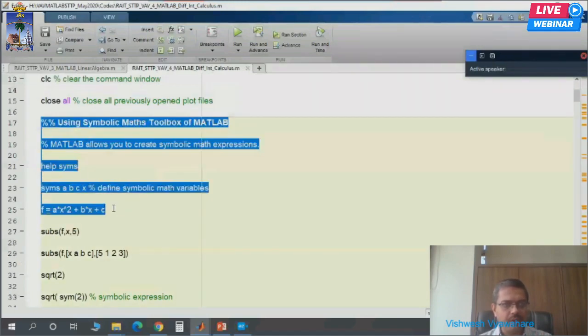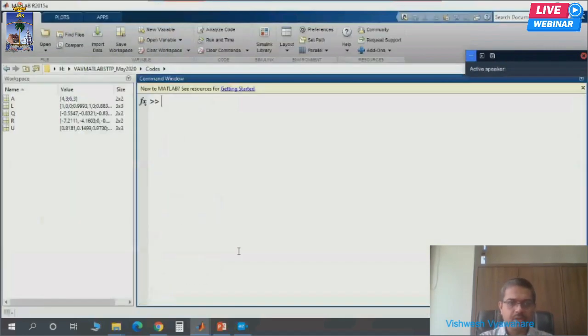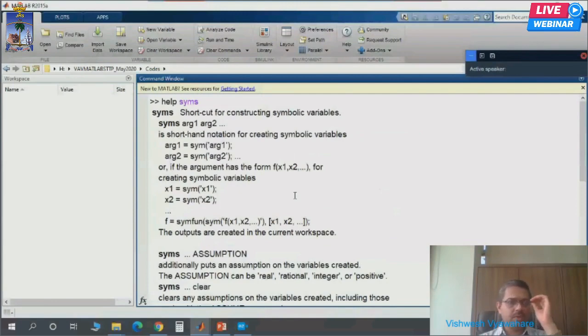Before that, we need to understand something related to the MATLAB symbolic toolbox. There is something called help syms. Up till now, we have used all the variables as numeric variables.